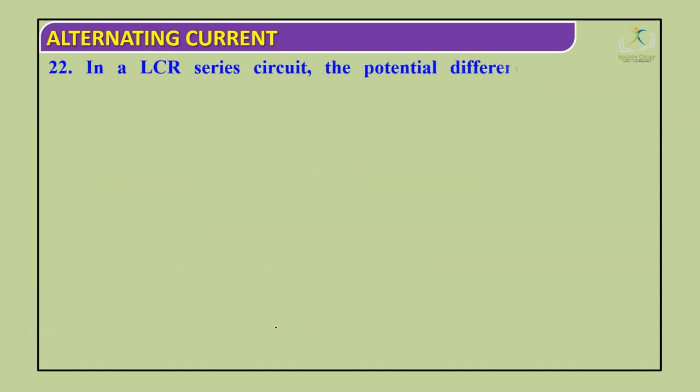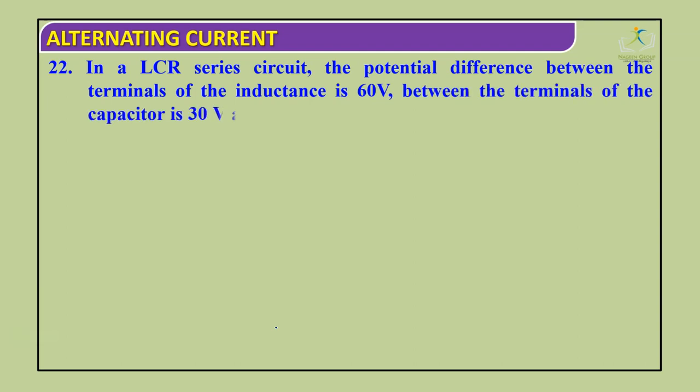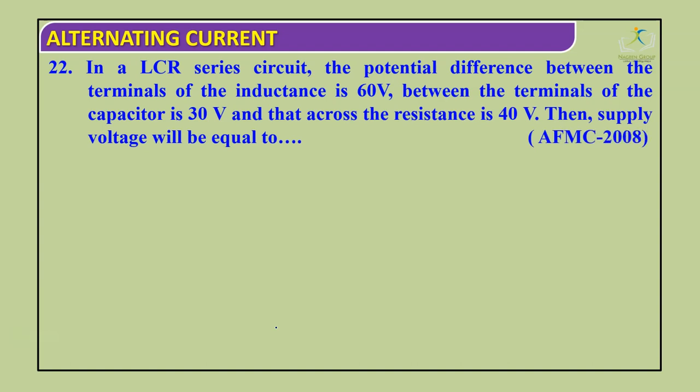Next question we have: in an LCR circuit, the potential difference between the terminals of the inductance is 60 volt, between the terminals of the capacitor is 30 volt, and across the resistance is 40 volt. Then the supply voltage will be equal to: 50 volt, 70 volt, 130 volt, 10 volt.